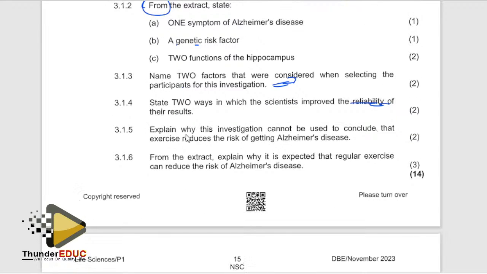Then we got the next question. Explain why the investigation cannot conclude that exercise reduces the risk of getting Alzheimer's disease. Cannot. Remember, some of them are basically genetical. How will it reduce the risk if it's genetical? You understand? Some of it is as a result of genetics. So what this exercise does is to reduce the symptoms of Alzheimer's disease.